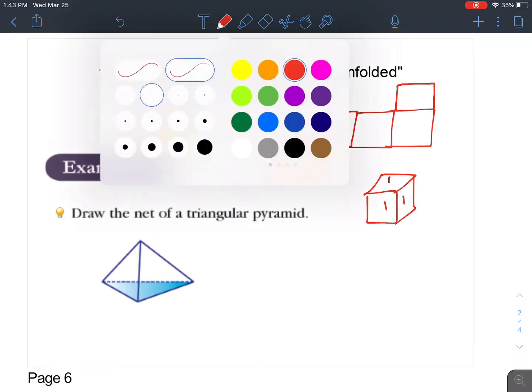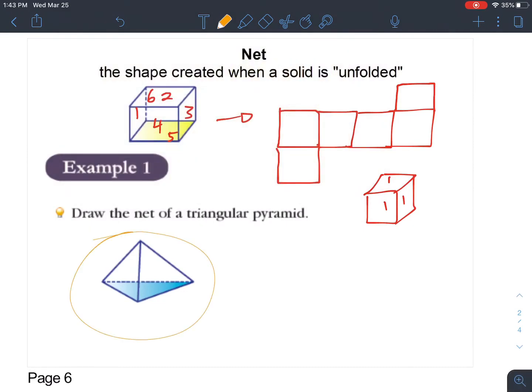So then down below, if we're going to draw the net of this triangular pyramid, I'm going to start with the base, which I can tell is what appears to be a scalene triangle. And then we're supposed to have 1, 2, and then the back 3 triangles that are attached to the base. So the back one would look kind of like that.